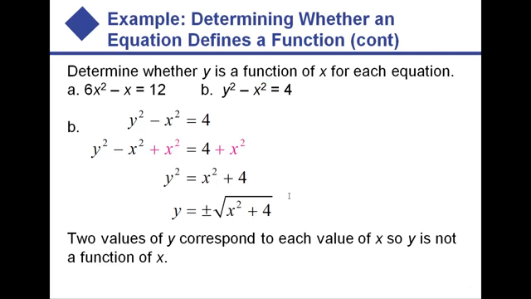This is a problem because now we have two different values of y that correspond to each value of x. And in fact, before you even take the square root, you could see that. If you let x equal 0, when x equals 0, you get y squared equals 4. So y equals 2 works, but so does y equals -2. So that's not a function.